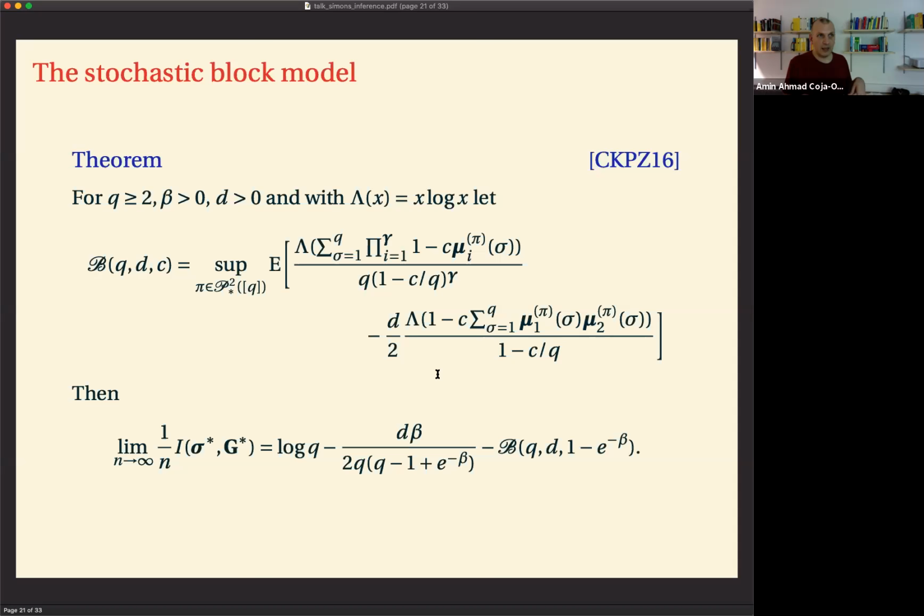Of course, this is a bit complicated. In fact, it's probably awfully complicated if you try to solve it. But it matches the physics prediction, and at least it proves that these heuristic techniques actually get to the bottom of the problem. So it's pretty complicated, but it's not more complicated than predicted by the physics methods.